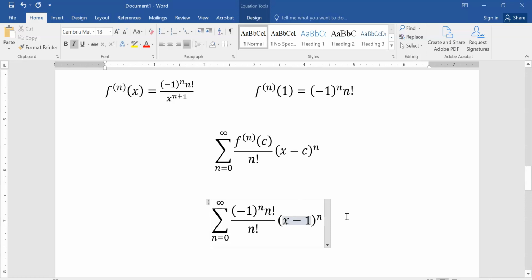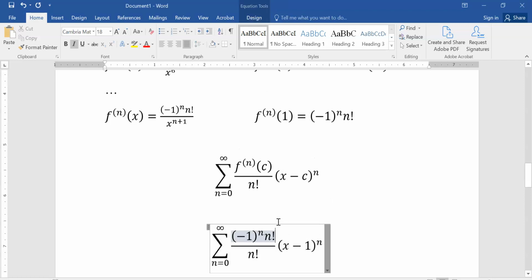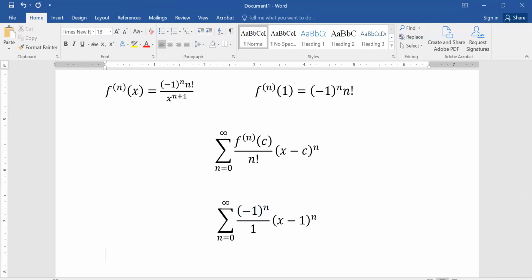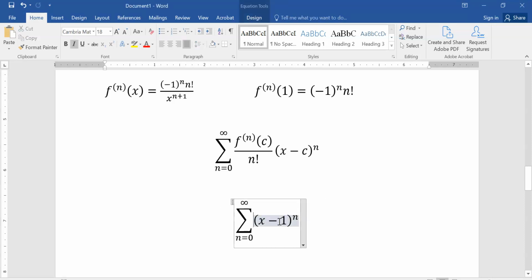Notice what's going to happen. This n factorial in the numerator is going to cancel out with this n factorial in the denominator. So what we're going to end up with is that. Now I'm going to clean that up just a little bit. That's negative 1 to the nth power. Okay.